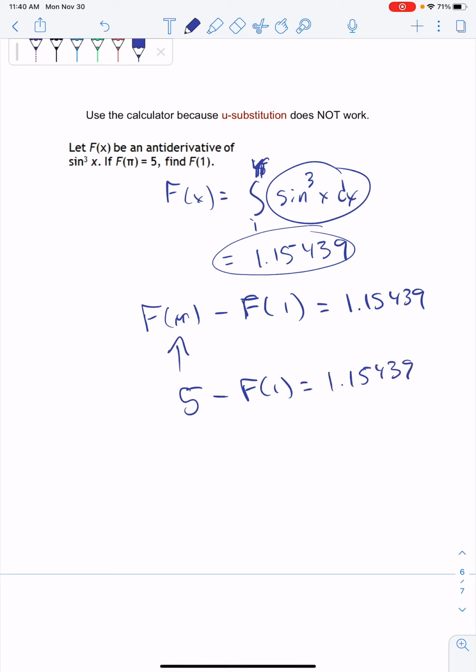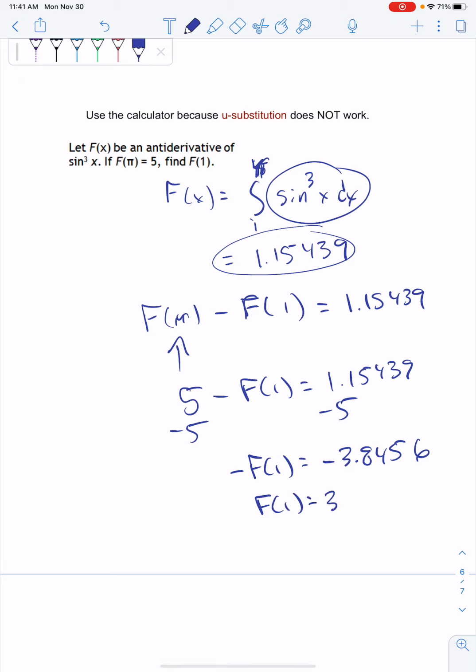So to get my answer, I'm going to minus 5 from both sides. So negative f of 1 equals some ugly number, negative 3.8456-ish. And then I'm going to times both sides by the negative 1. So f of 1 is going to equal positive 3.8456.